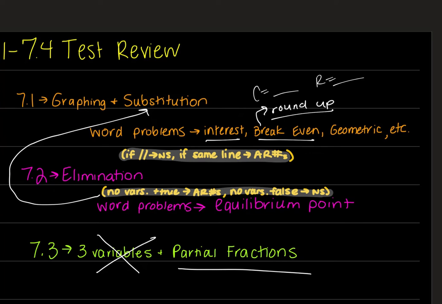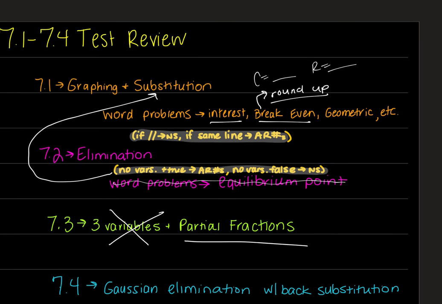On your quiz 7.3, you had the one with 3 variables, 3 equations. That's come off the quiz. So if you're comparing it to your quiz, you can take off number 6.